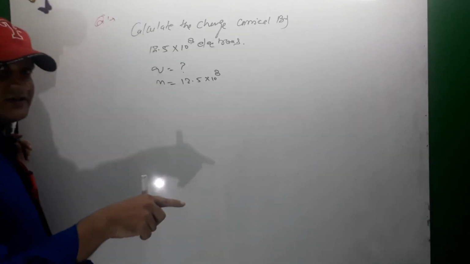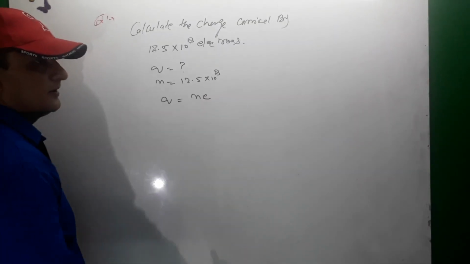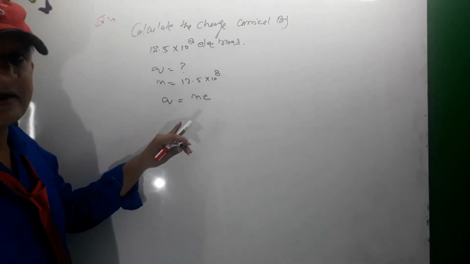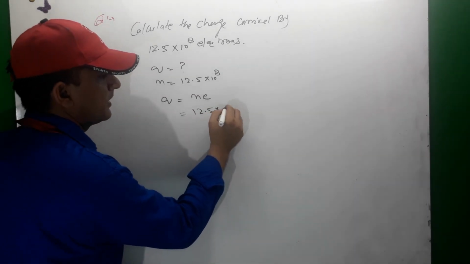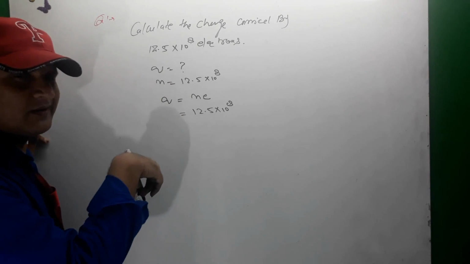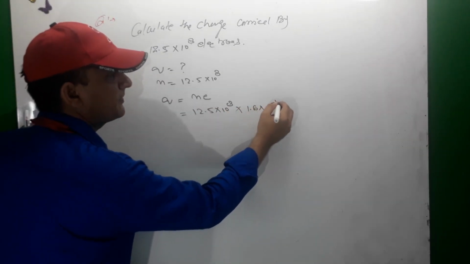By the quantization rule, you know the charge on a body can be found with this formula. There is the number, and what is the value of e? 1.6 × 10^-19.